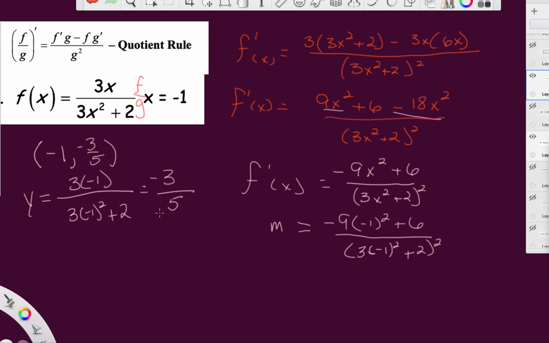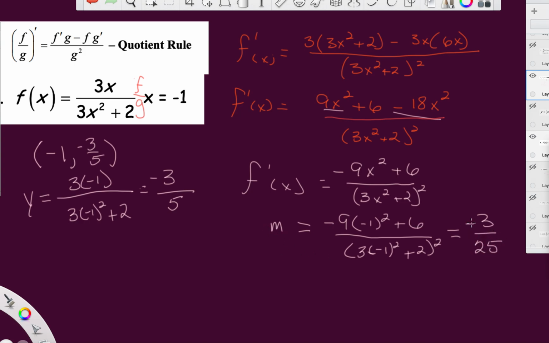We just haven't squared it yet. If we look at the numerator, it's pretty easy. Negative 9 times 1 is negative 9 plus 6 is negative 3. And then the bottom, we already knew that the inside here is 5, but square it and we get 25.